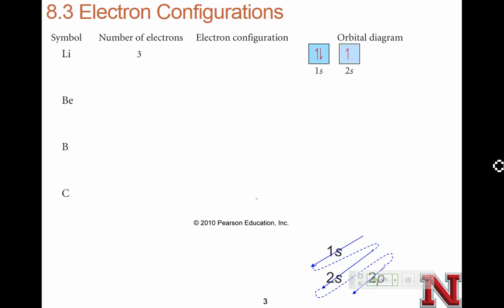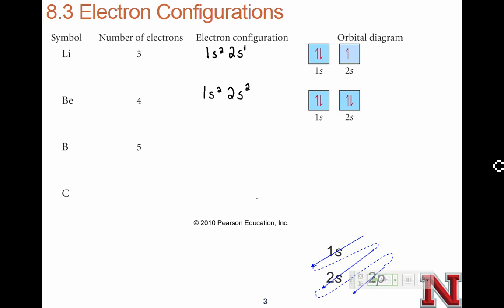So our electron configuration is 1s2, 2s1, and we only have 1 electron in that higher energy level. If we look at beryllium, we have our 1s2 and 2s2. That's a total of 4 electrons, so we don't have any filled p orbitals. Though p is an option, it's just not filled because we're higher in energy. So that's what we see.